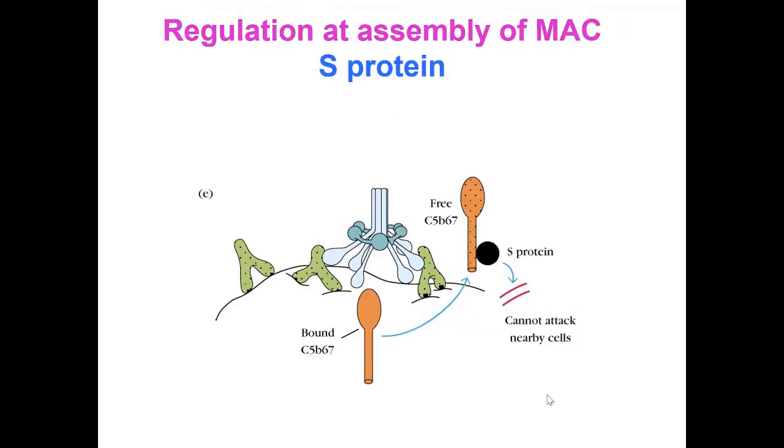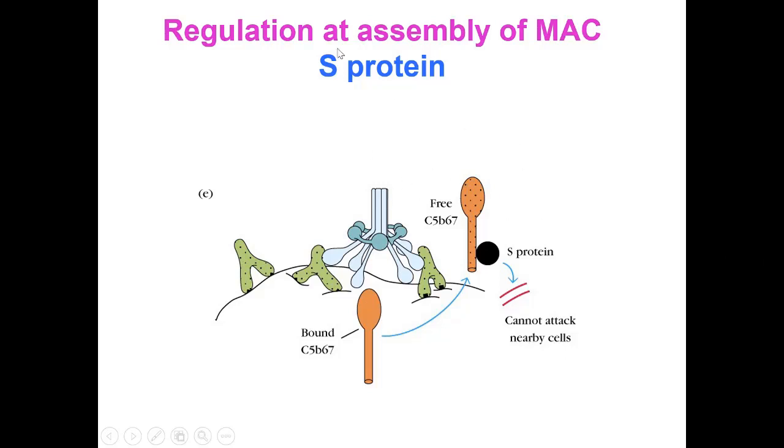S-protein is another regulatory protein in the complement system, and this protein regulates assembly of the MAC. As you see here, C5b67 after formation can release from the surface of the target cell and bind to the host cell and destroy the host cell or nearby cells.